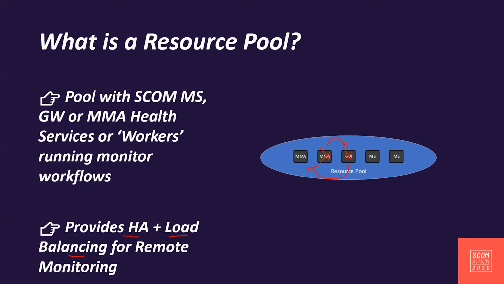So I think a resource pool is a very useful feature of SCOM, but I believe it's not used that often. It should be used more often, especially to monitor your business critical applications.